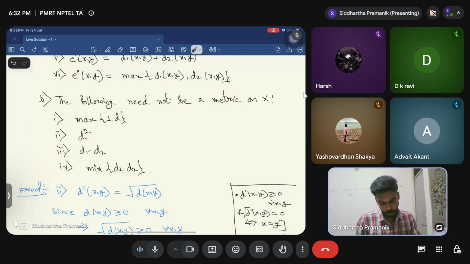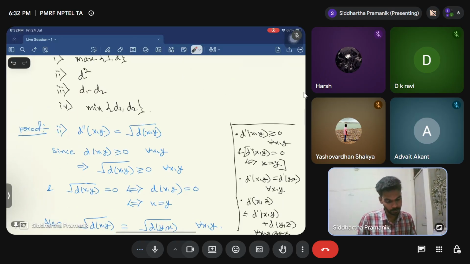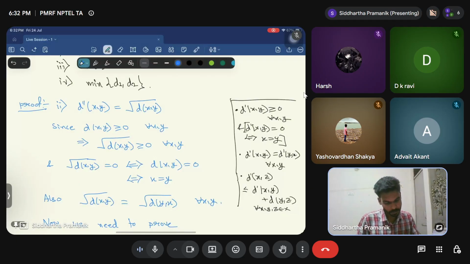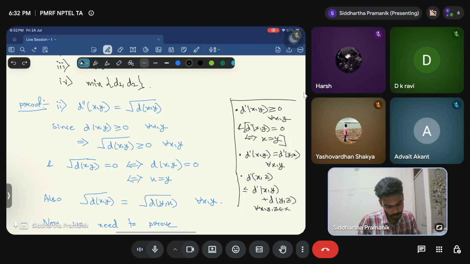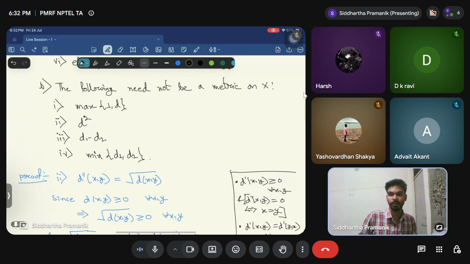So we need to show that maximum of 1 comma d need not be a metric. That means one of these three axioms it might not satisfy. So can you see which axiom it may fail for the first one?